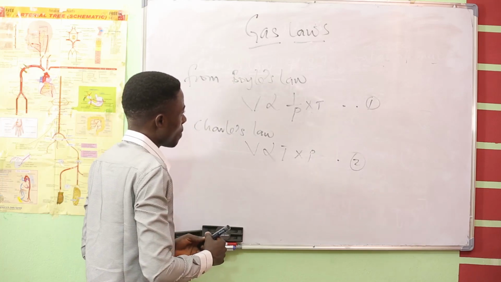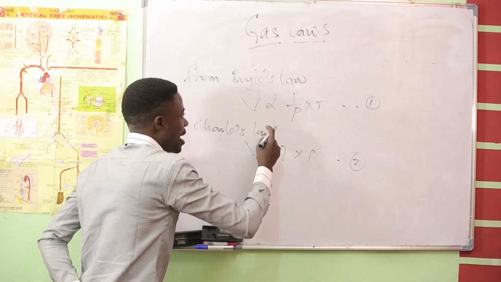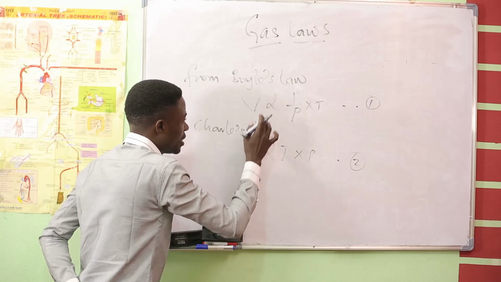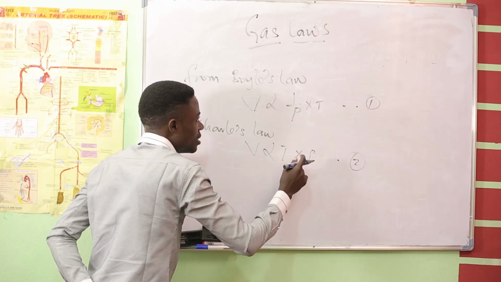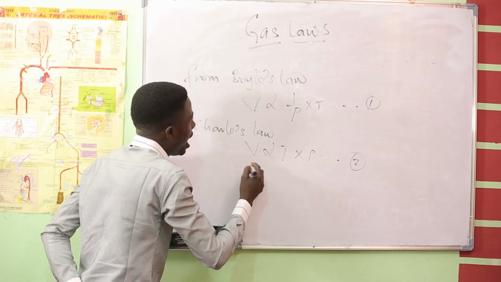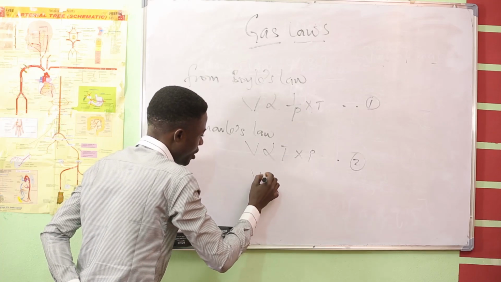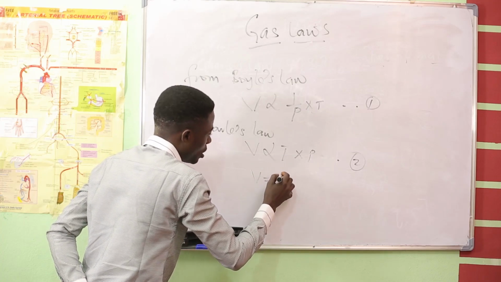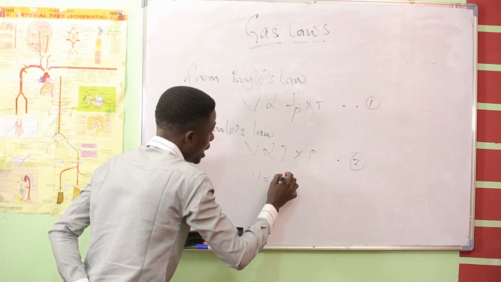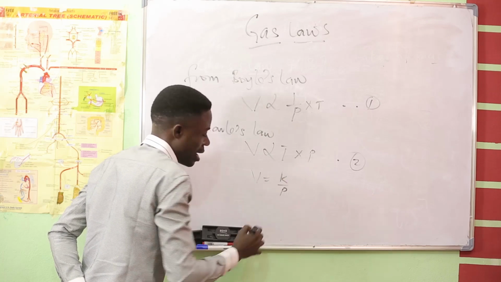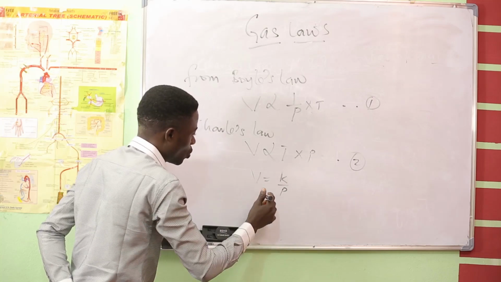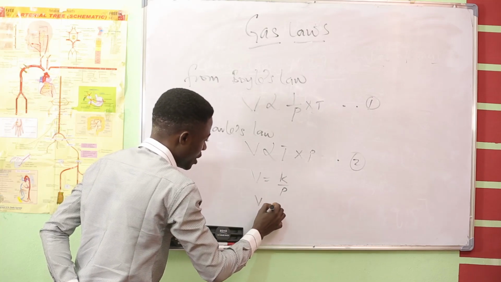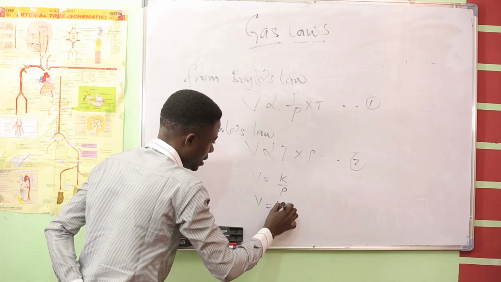Now, if I do away with the sign of proportionality, I'm going to have here V is equal to K over P, while in equation 2, we are going to have V is equal to KT.